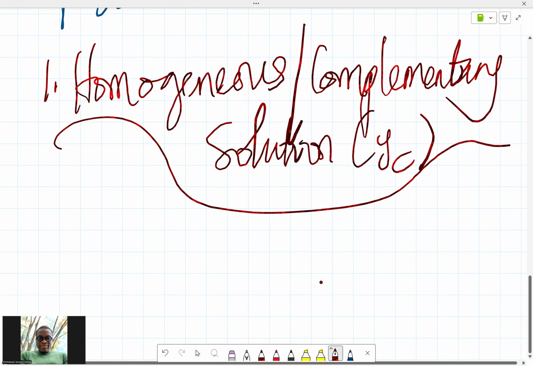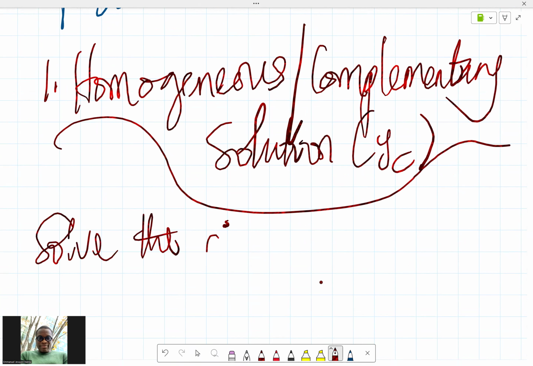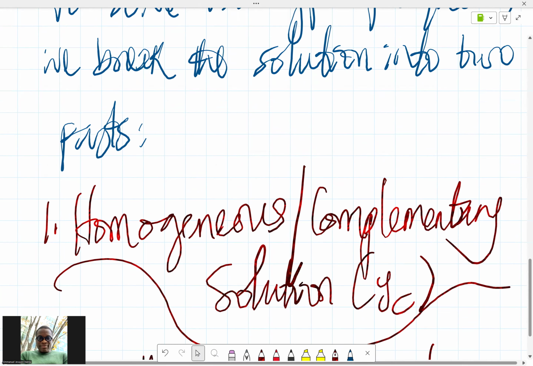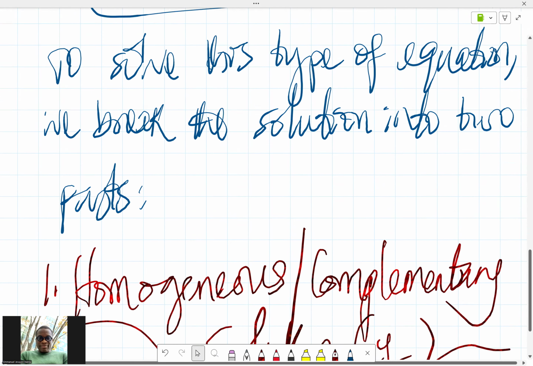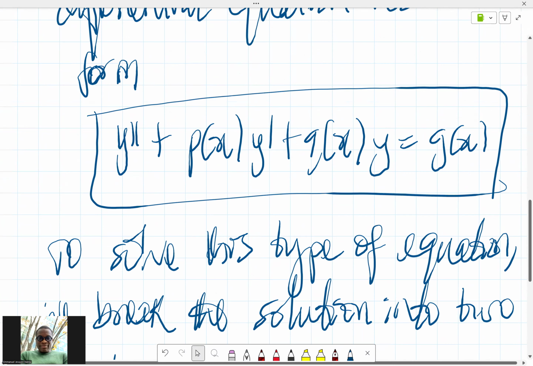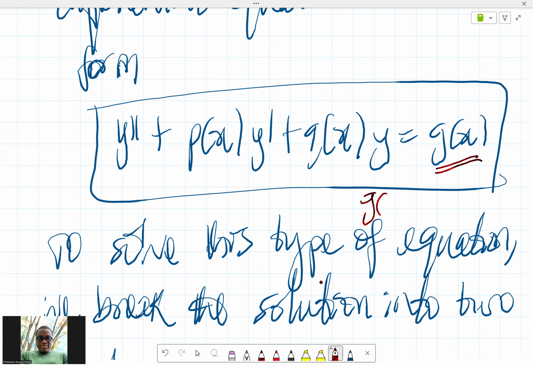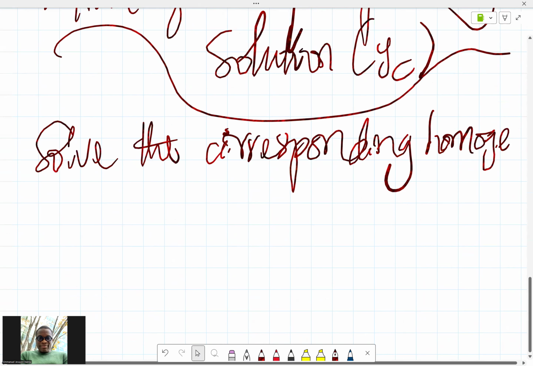Here we solve the corresponding homogeneous equation, so we forget about the non-homogeneous part. The deal here is that g of x, in the non-homogeneous case, is surely not equal to 0. That's what makes it non-homogeneous.